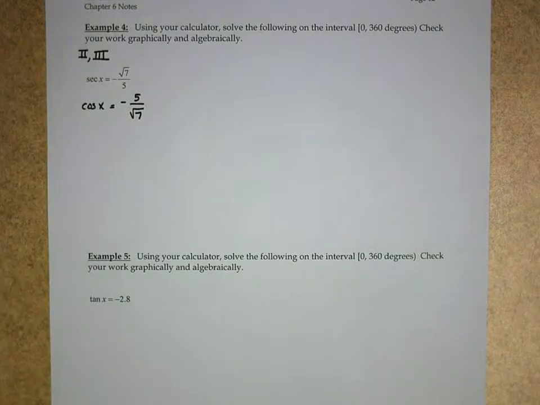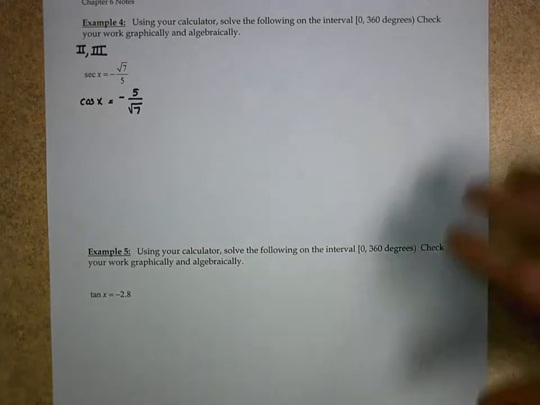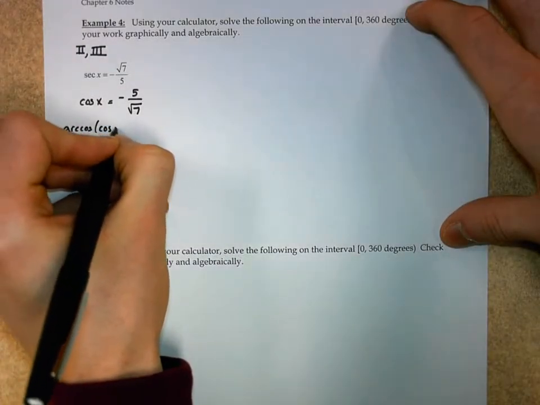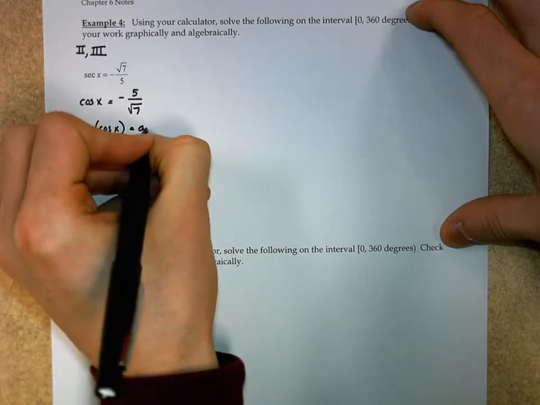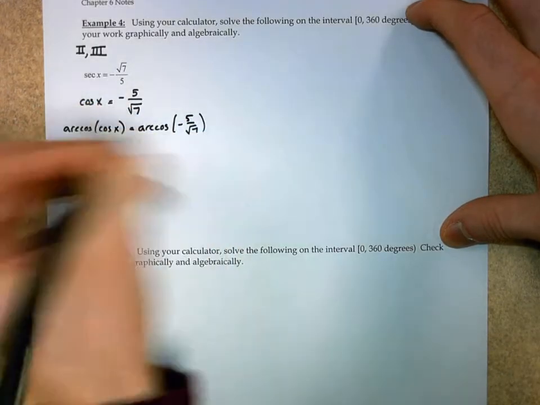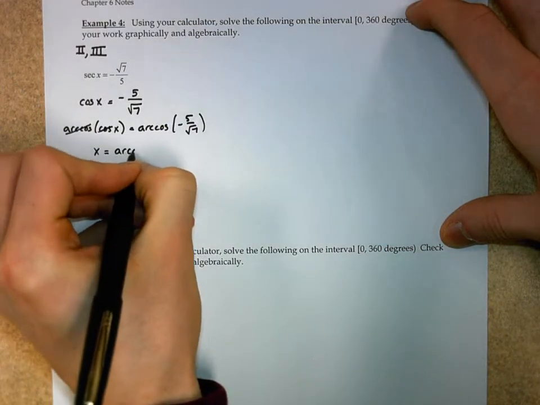Now that I've got my equation in terms of sines, cosines, or tangents, I can take an arc cosine to both sides. Cosine and arc cosine cancel there.